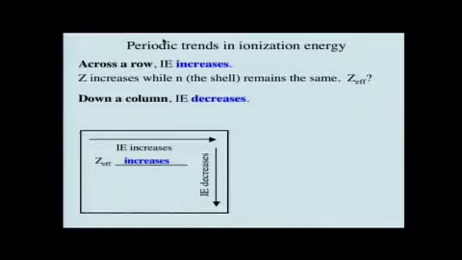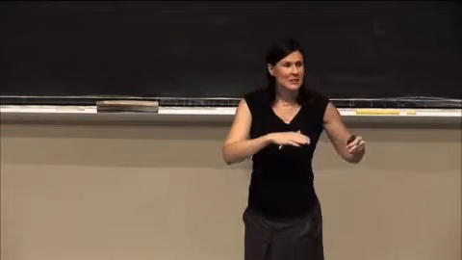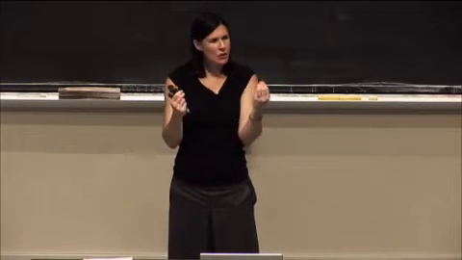As we go down a column, what happens is that the ionization energy decreases. We can also think about this in terms of Z effective. This is because even though Z, the atomic number, is still increasing, we are also getting further away from the nucleus. So remember, when we talk about Coulomb force, what's holding the nucleus and the electron together, there are two things we need to think about.